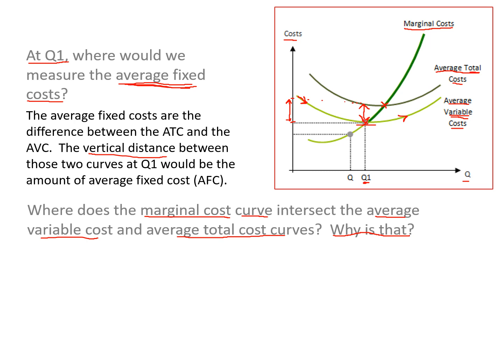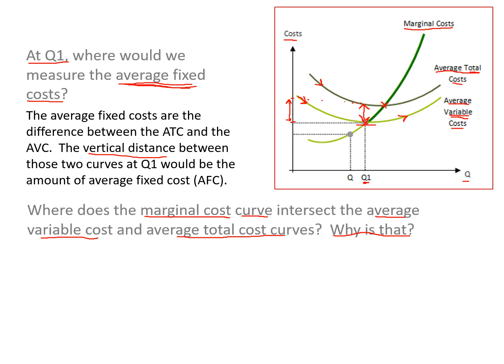Similarly with the average total costs, this is reducing for a little bit longer, because remember the average total costs includes the fixed costs per unit. And as the units go up, that will decrease because the fixed costs are fixed, but the number of units is increasing.